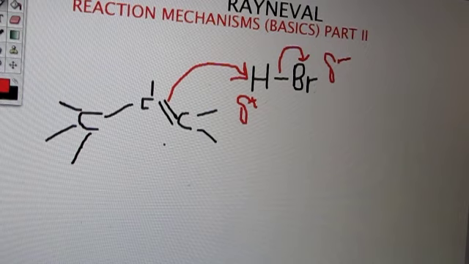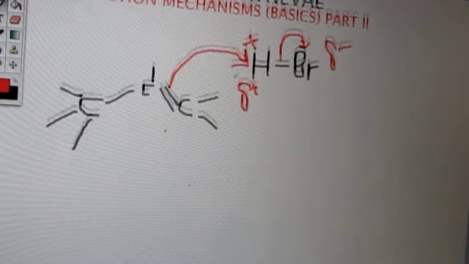This is given the partial negative charge for being more electronegative. So this hydrogen, having the partial positive charge, will have less electron density as the bromine will be hogging it, and this is the reason this is an electrophile. Okay.